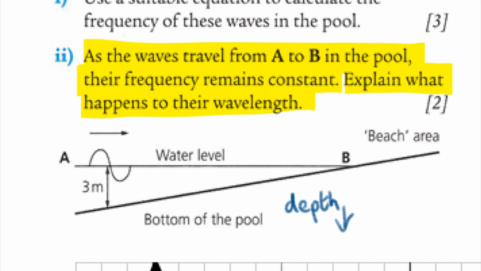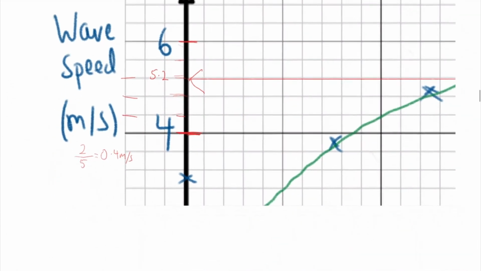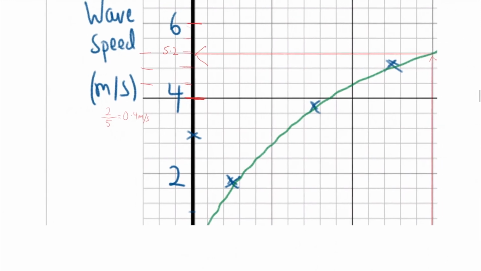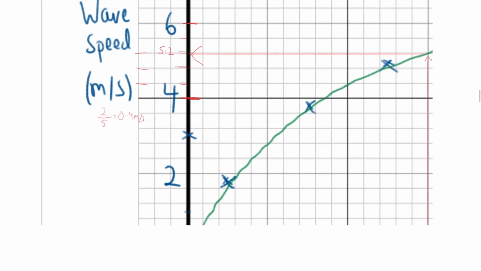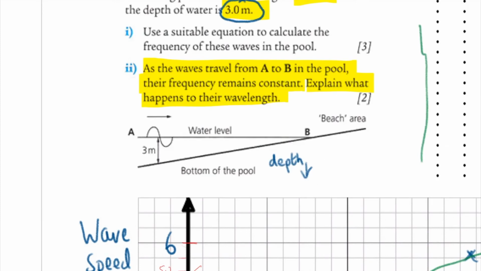You're looking for relationships between different variables. And we know from this graph that when the depth decreases, the wave speed decreases. So the speed decreases. But the question's asking, what happens to the wavelength?